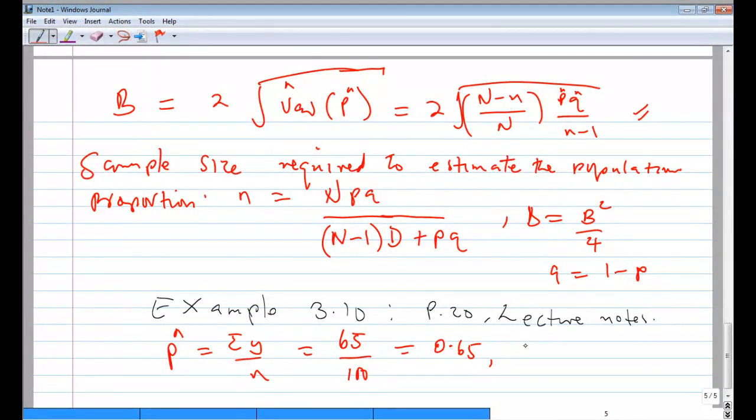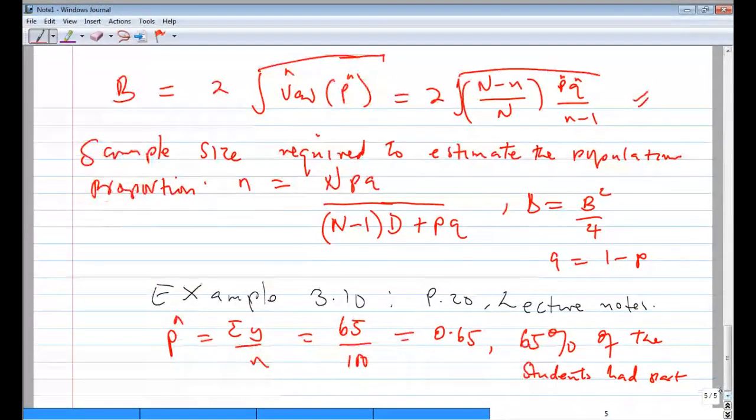So in other words, 65% of the students had a part-time job. That's it. So what about the bound?